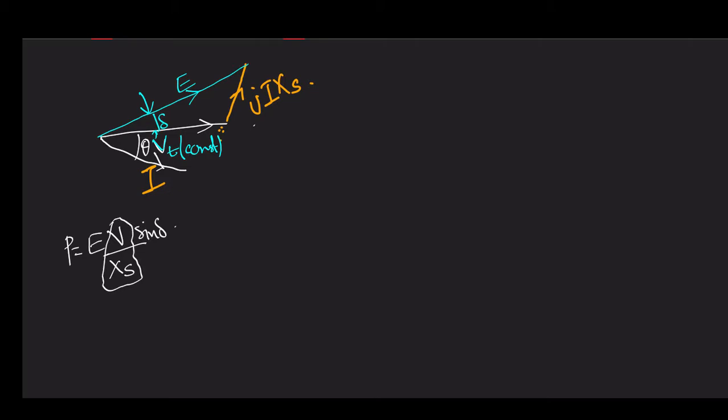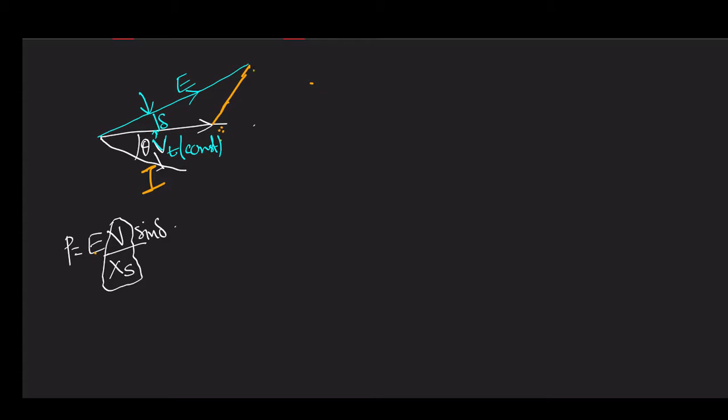for a given machine operating with an infinite bus bar. V and Xs are constant. So basically, isn't it that we are dealing with something that is proportional to E sine delta? Now, what is E sine delta?